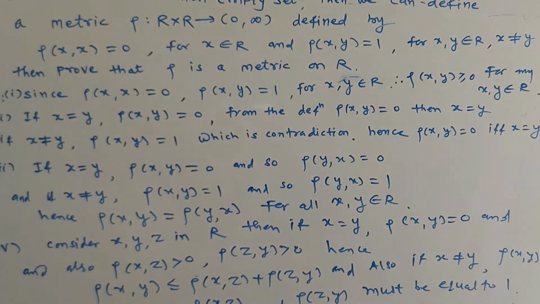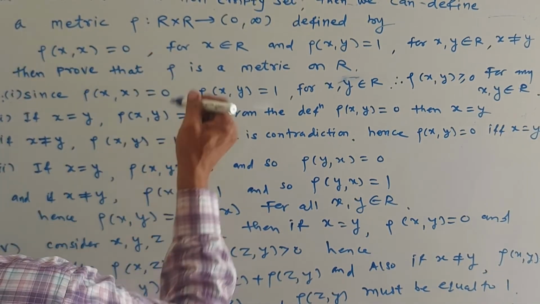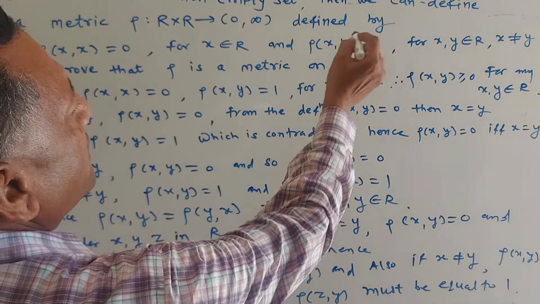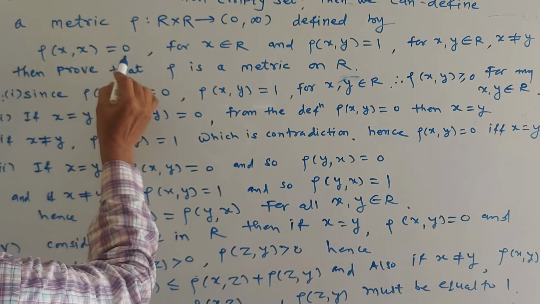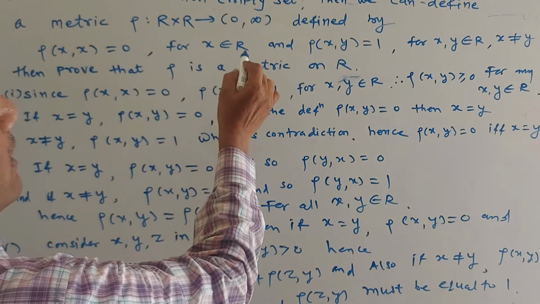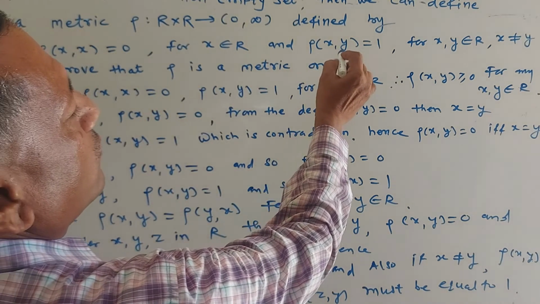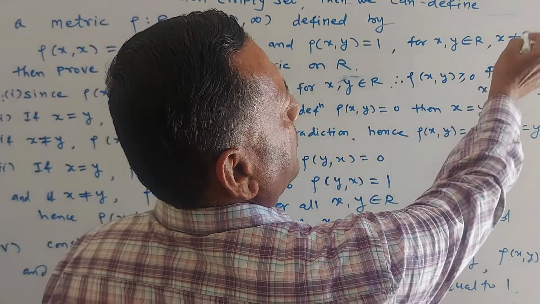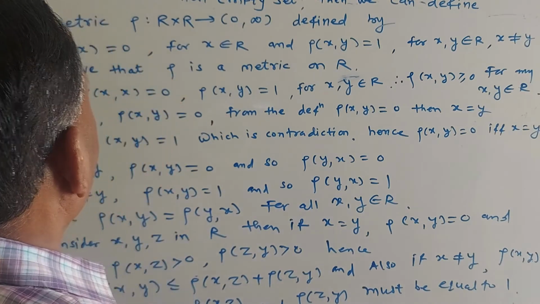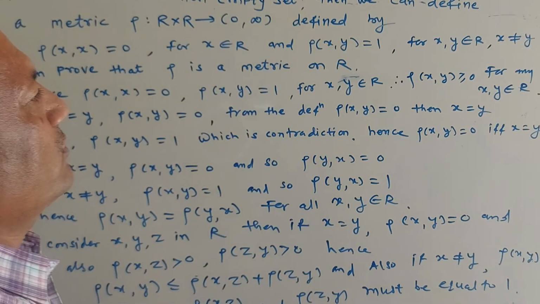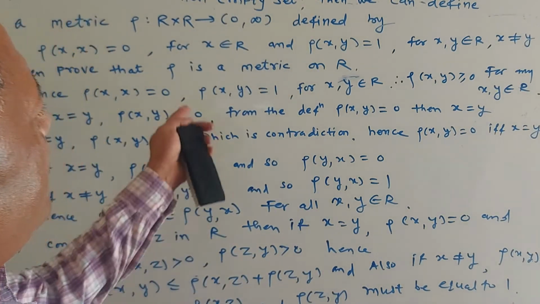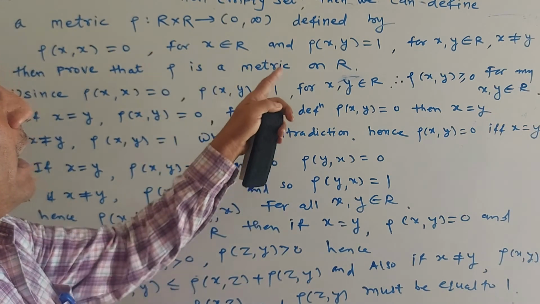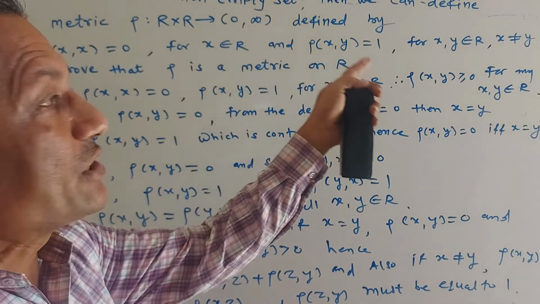Then we define a metric rho from R cross R to the range 0 to infinity, defined by rho of xx is equal to 0 for x belongs to R, and rho of xy is equal to 1 for x, y real numbers but x is not equal to y. Then verify rho is a metric on R. If rho is a metric on R, then R, rho is a metric space, and this metric space is called the discrete metric space.